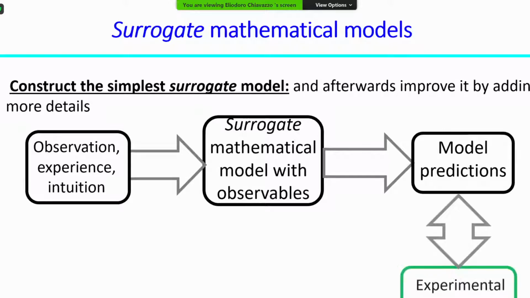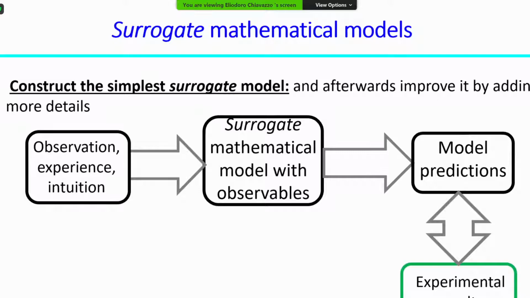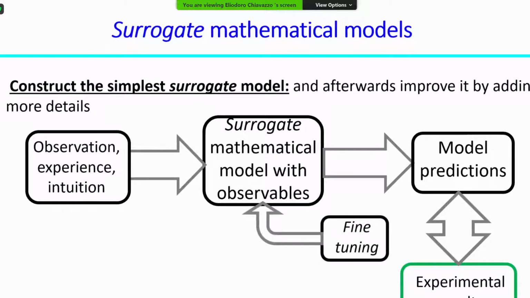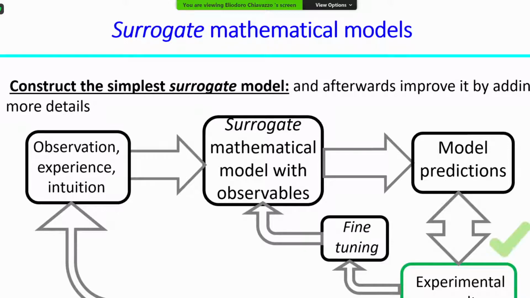But this time, in order to have a very nice agreement with experimental results, typically you have to include a number of fine-tuning parameters in your model, also based on observations and experimental results. And if you are good enough to fine-tune your model, hopefully in the end you will get a very good agreement between the predictions and the results.